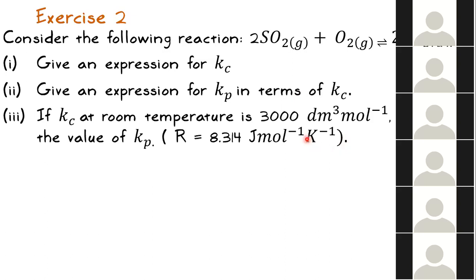Can you explain why the joule doesn't go with the decimeter? Okay, we are talking about pressure here. Pressure is in Pascal or atmospheres, okay? And 1 Pascal is equivalent to Newton per meter square.